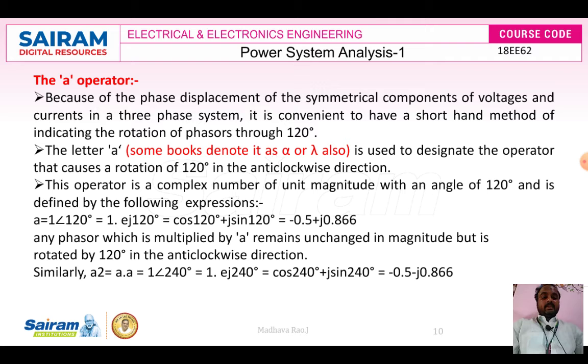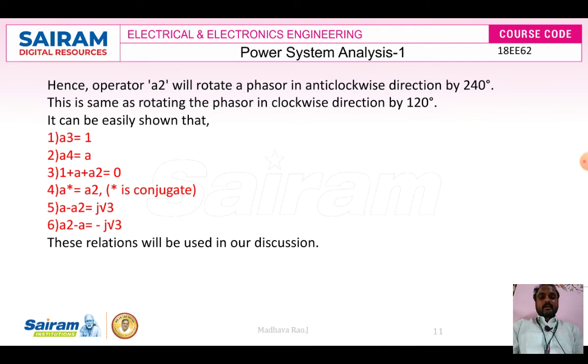In trigonometric form, cos 240 plus j sin 240 equals minus 0.5 minus j 0.866. So the imaginary term comes negative.